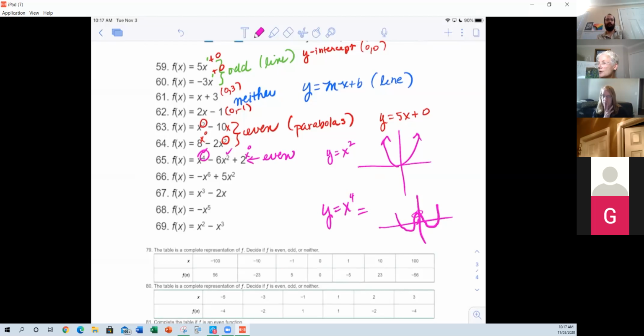But if it's 4th degree, you can get like a W. And if it's 6th degree, like this one, then just add another hump. So that's kind of fun, I think.